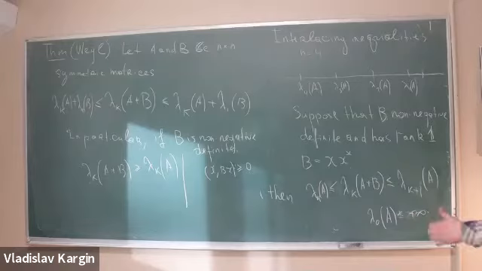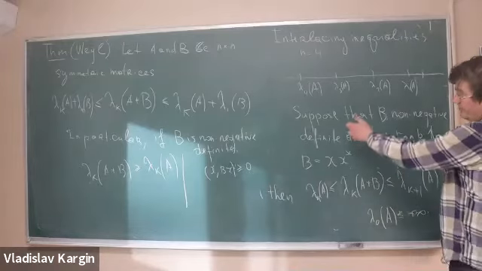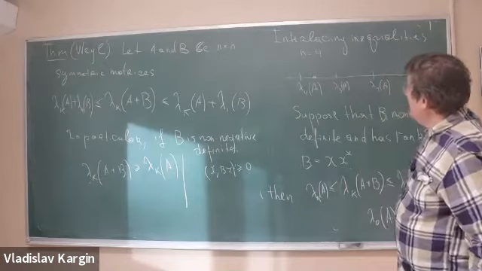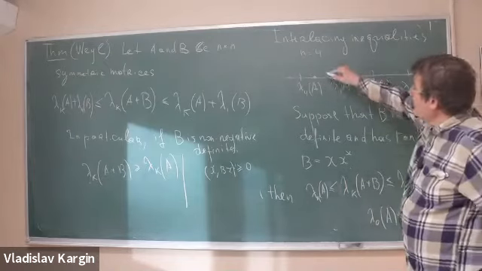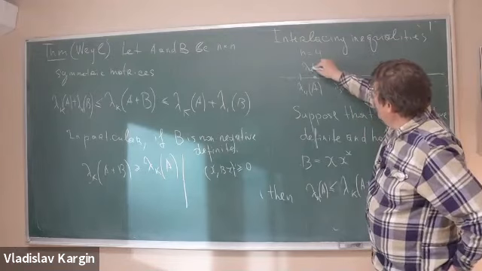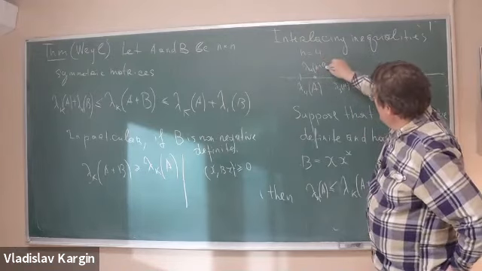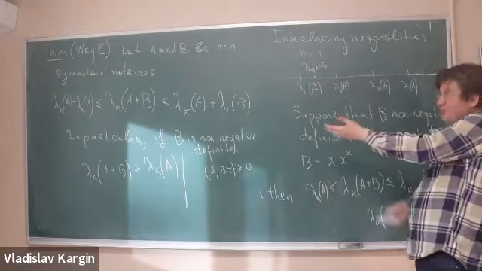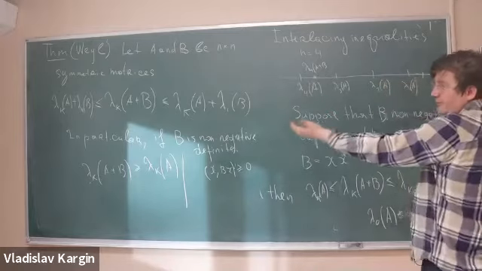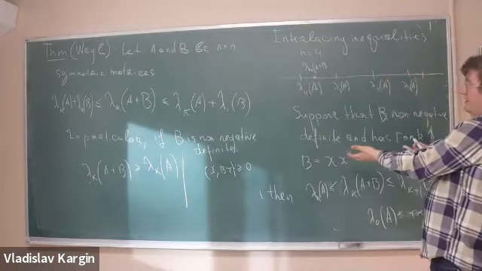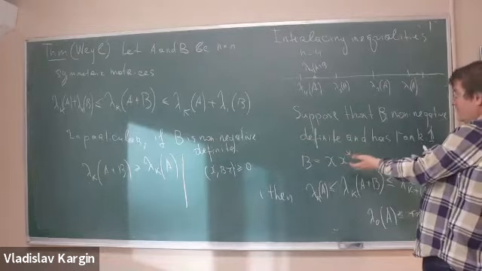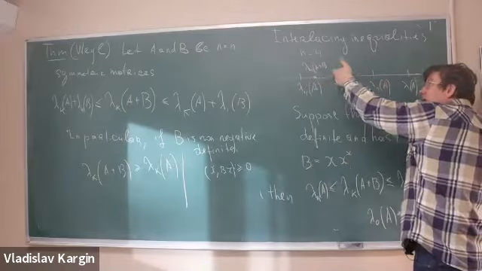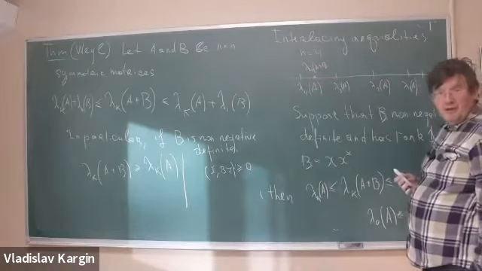And what it means in this picture is that here's lambda 4 of A plus B, but it cannot become greater than lambda 3 of A. In principle, if it were not necessarily a rank 1 matrix, it could be arbitrarily large. But here it says it cannot be greater than this thing.